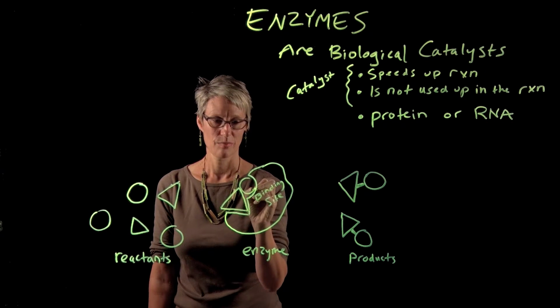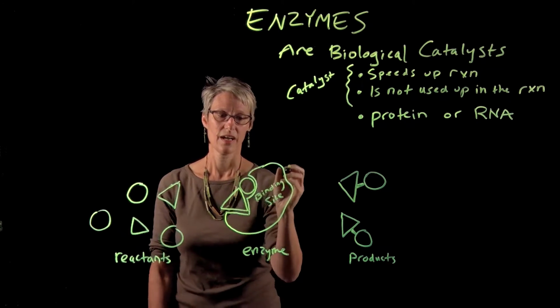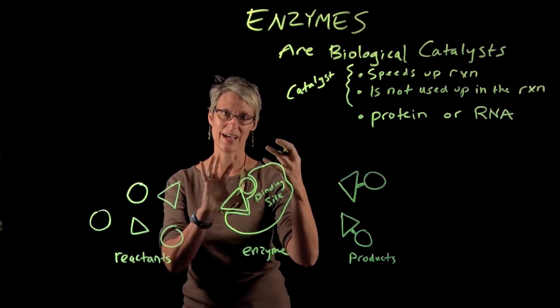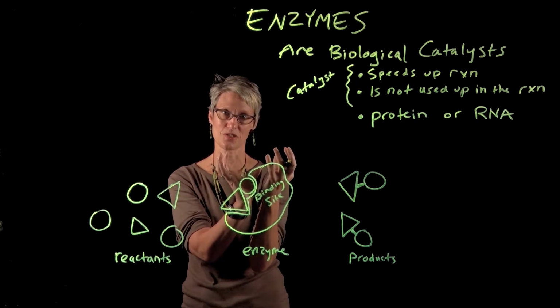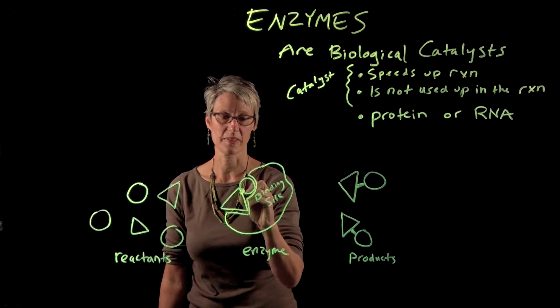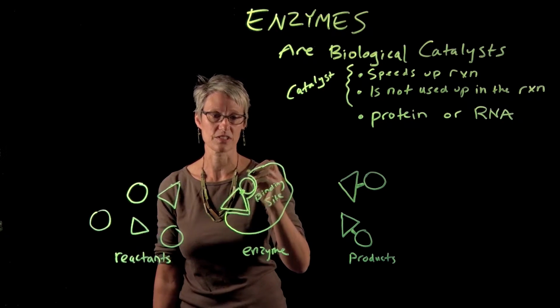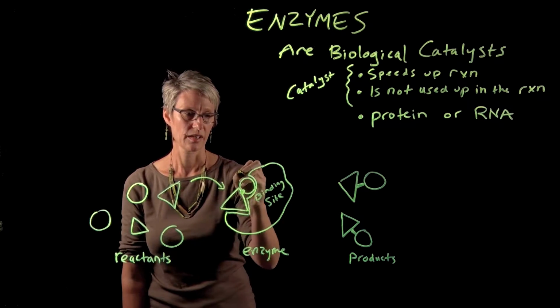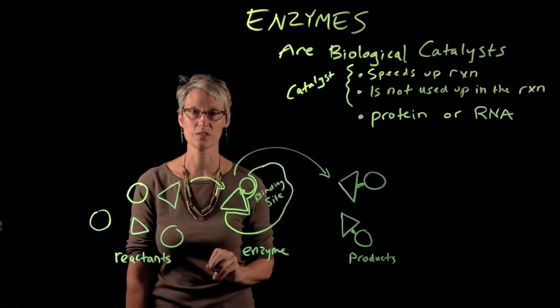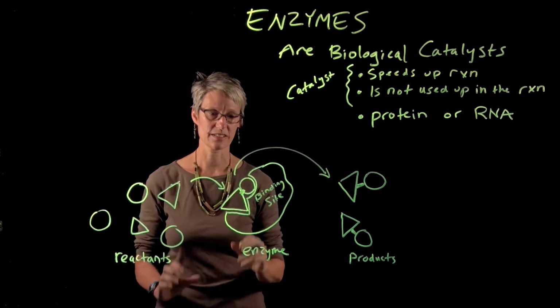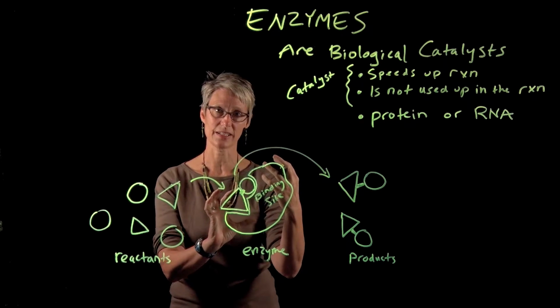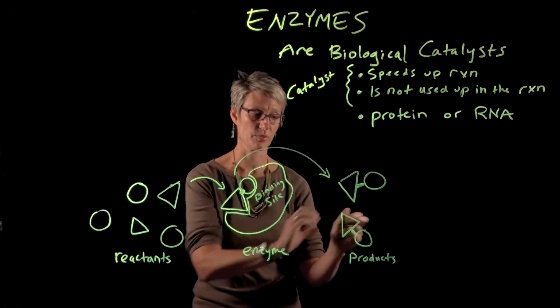And the circle binds really easily in this pocket here. And because the enzyme has a specific orientation to those two substrates, the chance of them forming that bond becomes greatly, greatly increased. So basically, it creates a two-step process where the reactants have to bind to the enzyme in that binding site that catalyzes the production of the product.